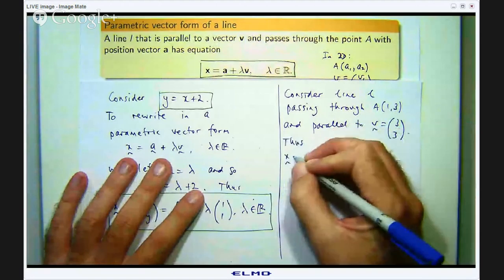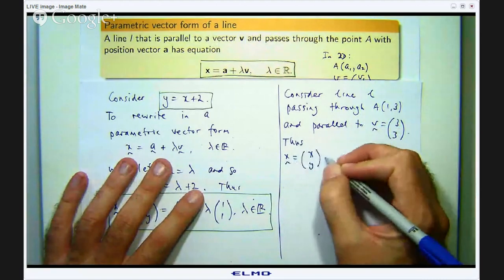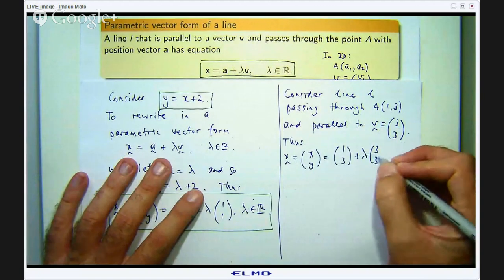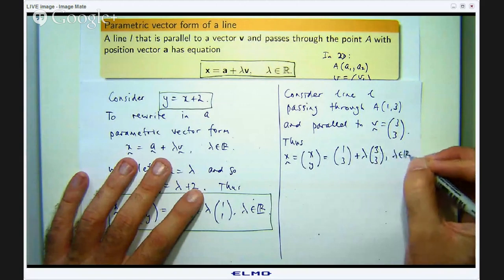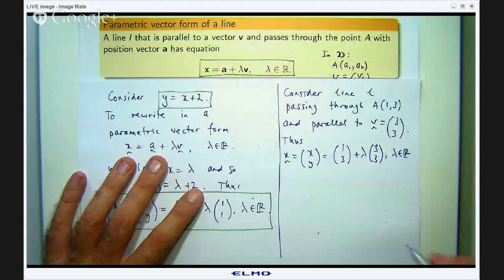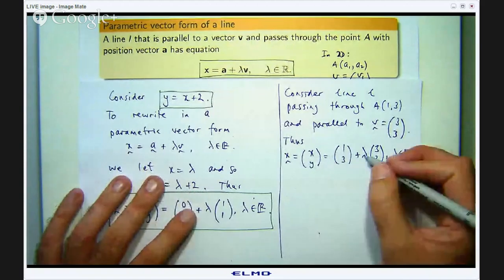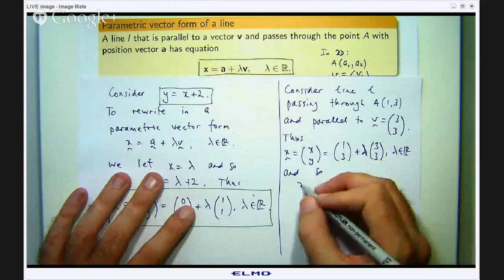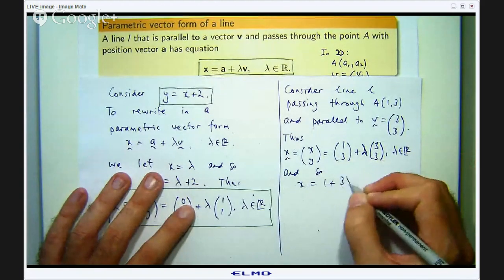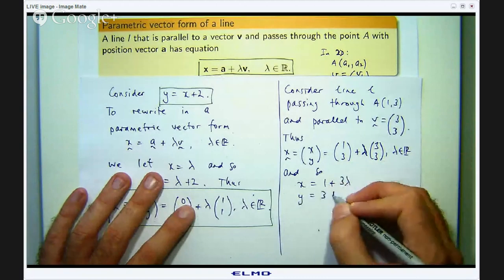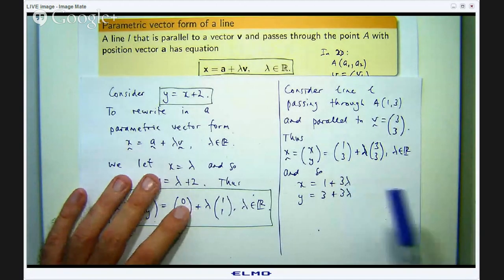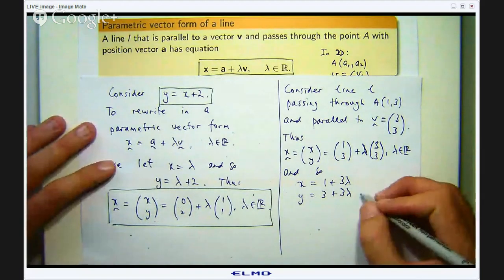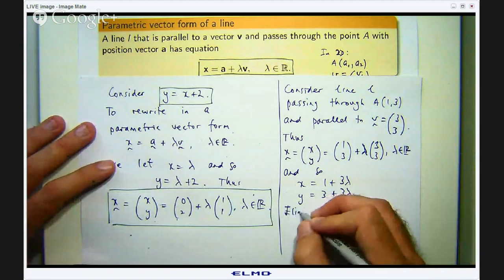The parametric vector form is just this then. And so what we have then is two pretty much simultaneous type equations. What I can do is eliminate the lambdas and then get x and y in one equation. So let's eliminate lambda.